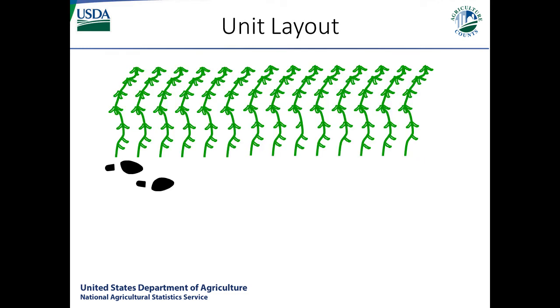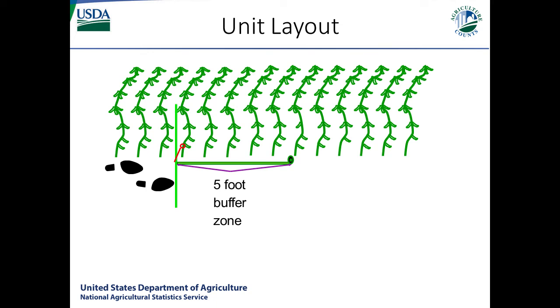Laying out soybean units is similar to corn units in that the row space measurements are taken at the beginning of the buffer zone, and the buffer zone for each unit is 5 feet long. For soybeans and corn, the count area portion of the unit begins at the end of the buffer zone.